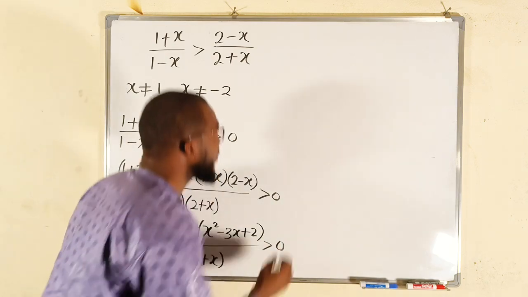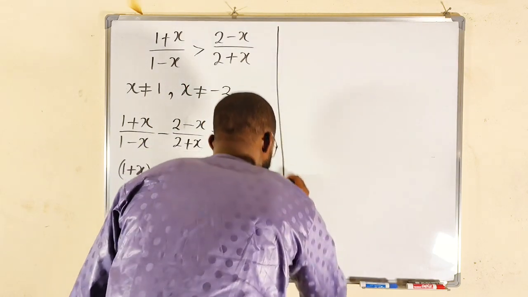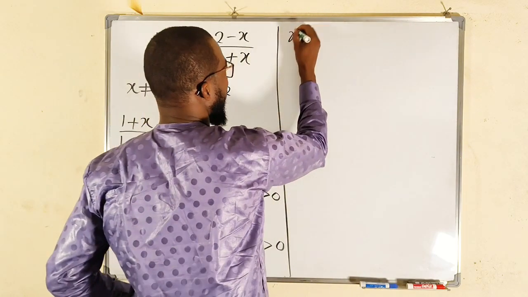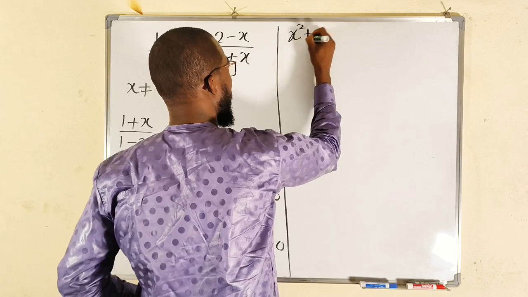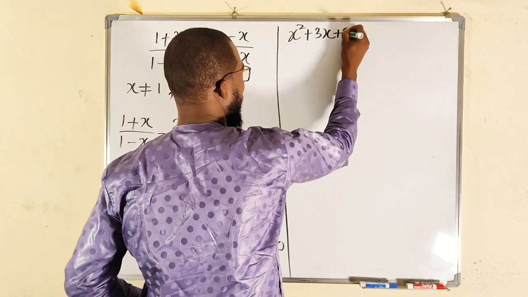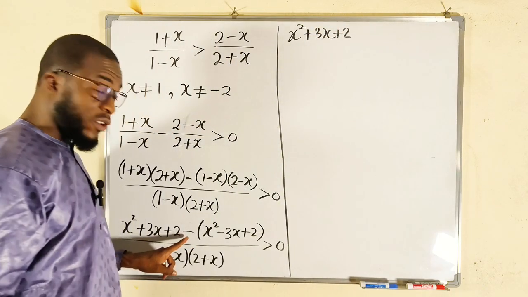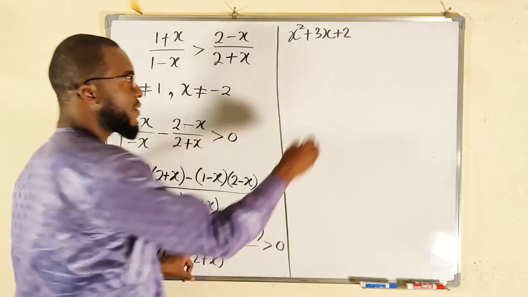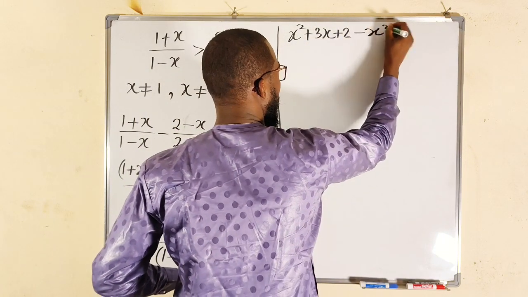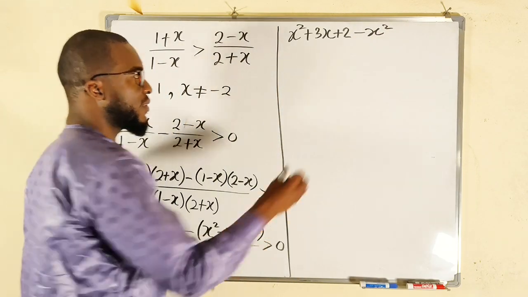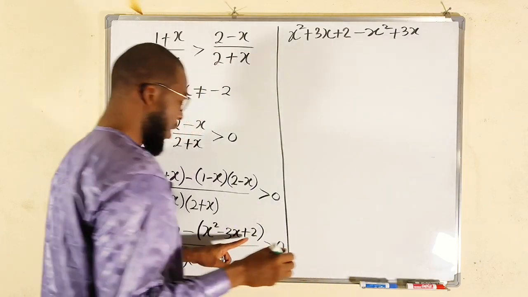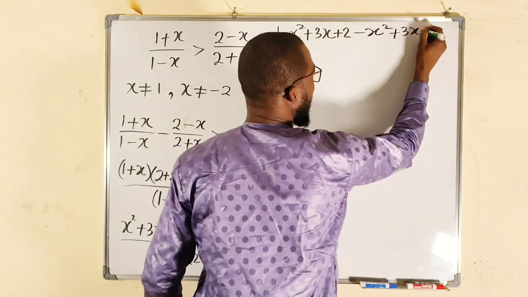Let's continue to the other side. We have x squared plus 3x plus 2. The moment you distribute this negative sign inside, all the signs will change. This becomes negative, this becomes positive, and this becomes negative.